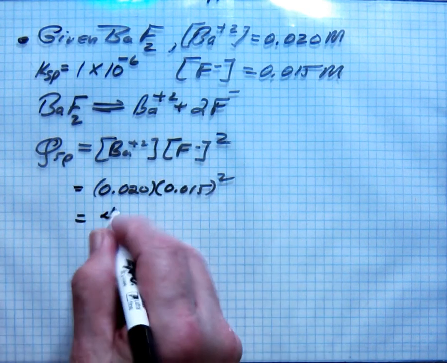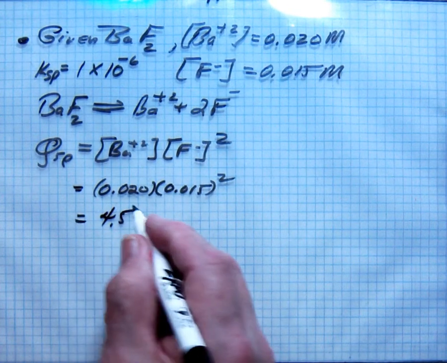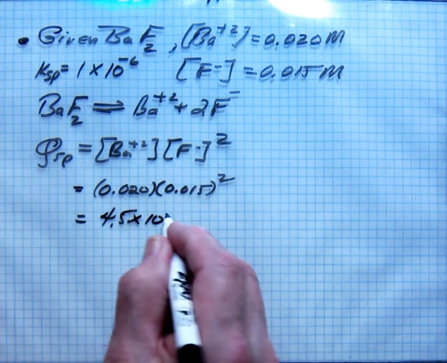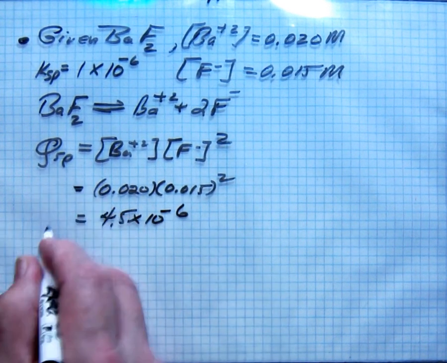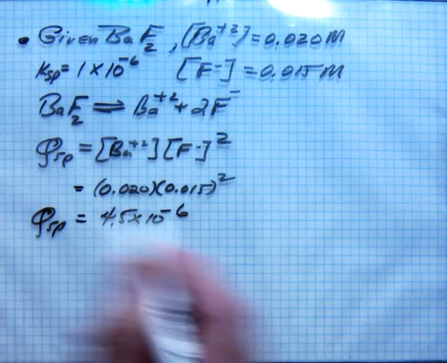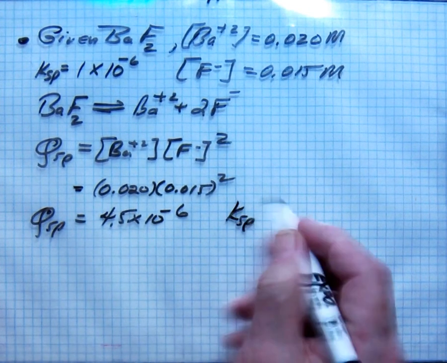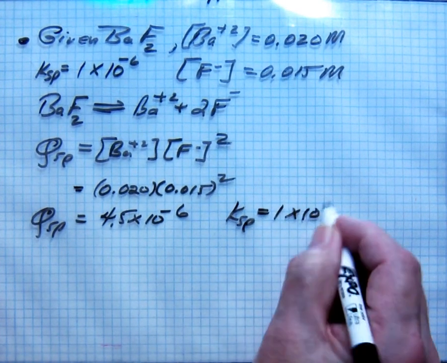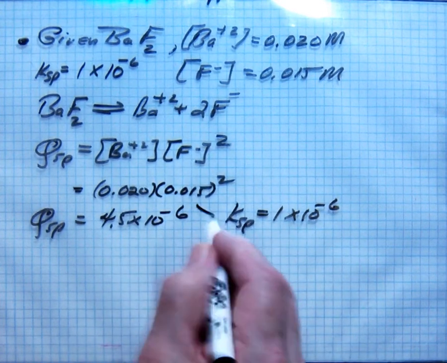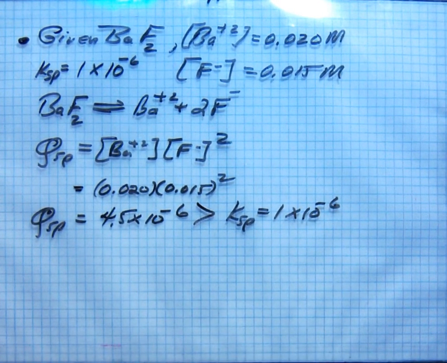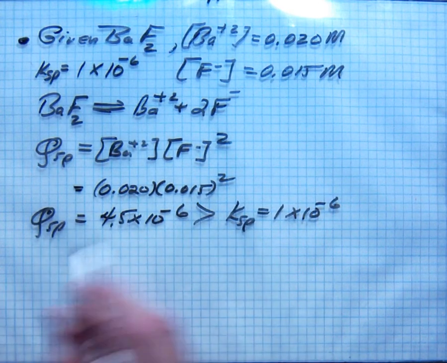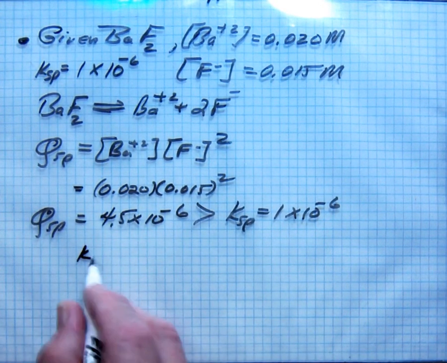So I see a 4.5 times 10 to the minus 6 for the QSP, and then the KSP is equal to 1 times 10 to the minus 6. So the QSP is greater than the KSP. Now, it'll precipitate, okay? But remember how I told you to set up your little memory table.